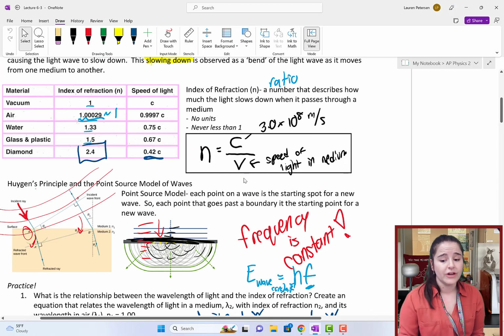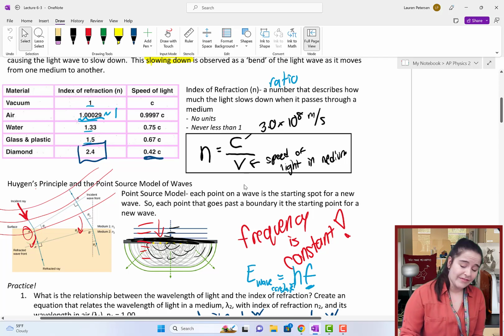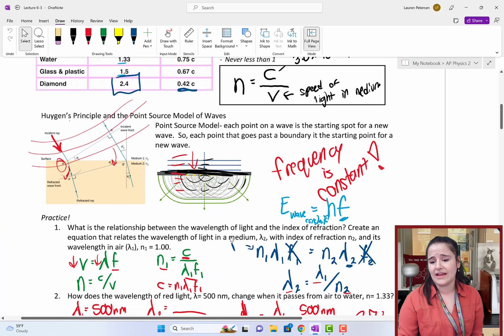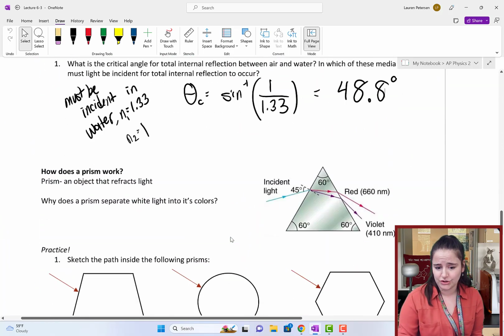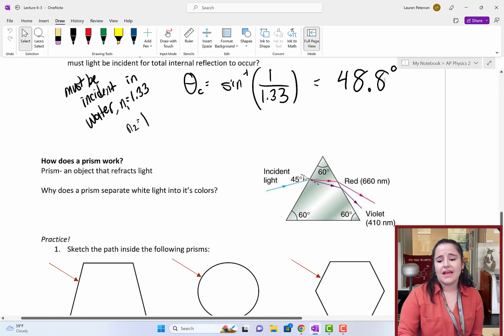If the frequency is constant and the wavelength is changing, that means the speed of light is going to be changing too, by different amounts based on those different wavelengths. The wavelength actually affects the index of refraction.